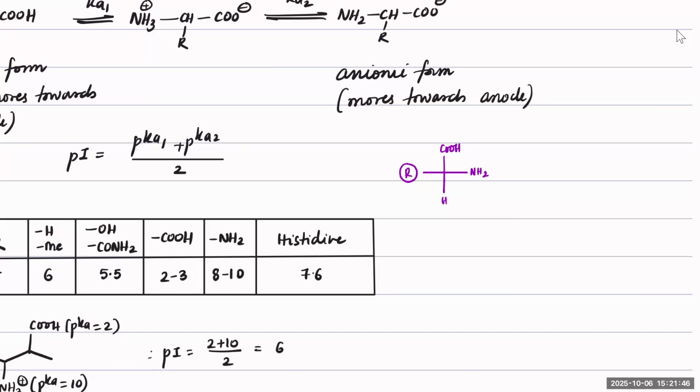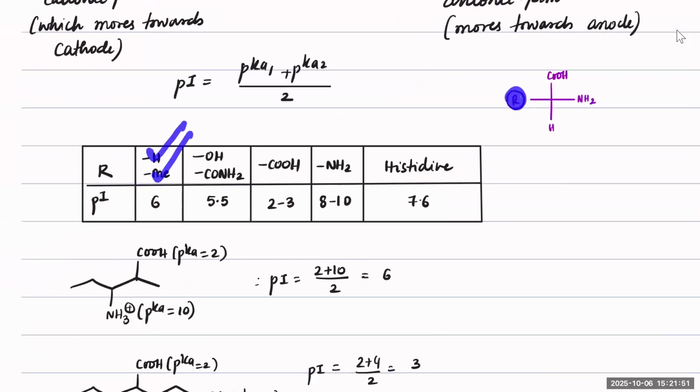Now imagine this R group is something like hydrogen or methyl, isopropyl, isobutyl, basically simple alkyl. If you have simple alkyl, that means I have one COOH group and one NH2 group. Then what do we call it? We call them neutral amino acids.